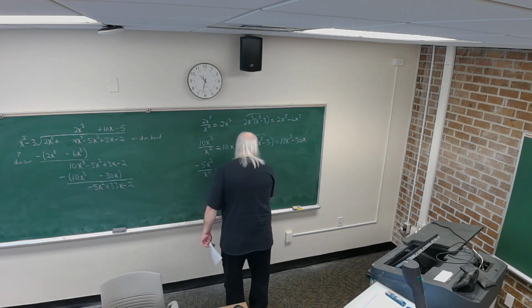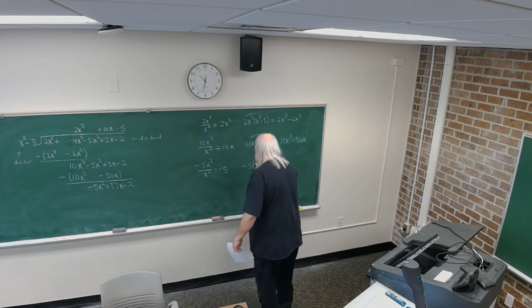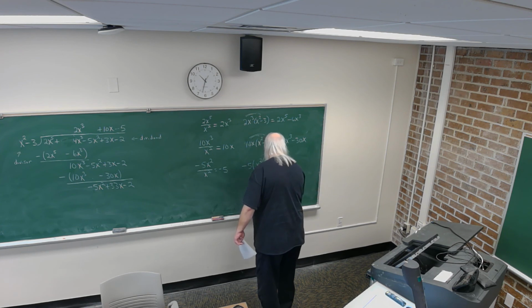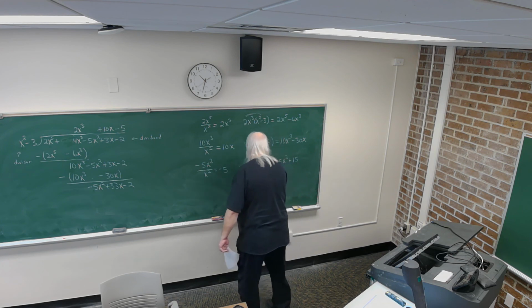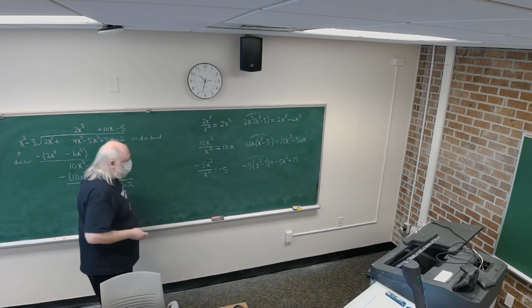And you're going to multiply minus 5 by the divisor, x squared minus 3. So when you distribute the minus 5, you end up with minus 5x squared plus 15.